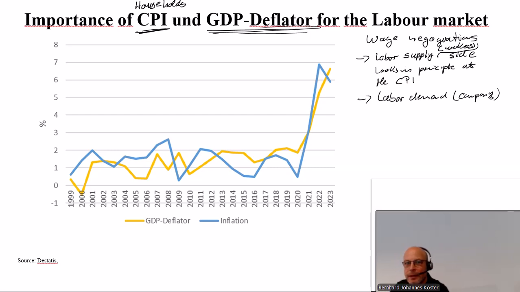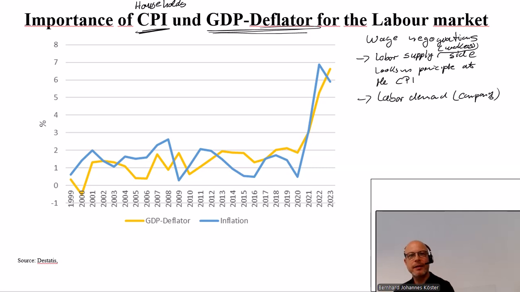And then let's assume this GDP deflator has only increased by 2%. Then, of course, an overall price increase in the whole economy of 2% would mean that also the revenue of the companies due to the price effect would increase by 2%. And then in general, they can say, well, I can provide you an increase of your wage due to my revenue increase of 2%.